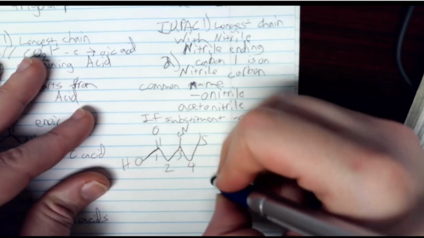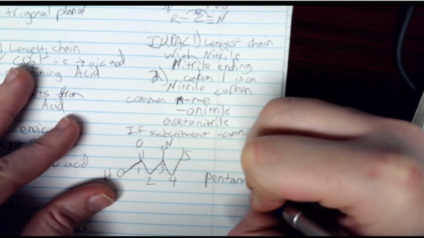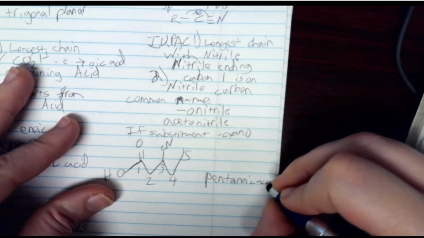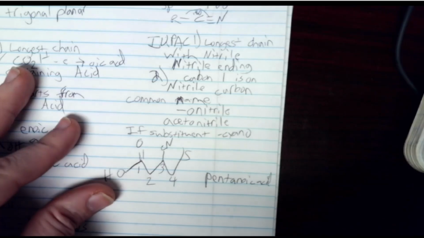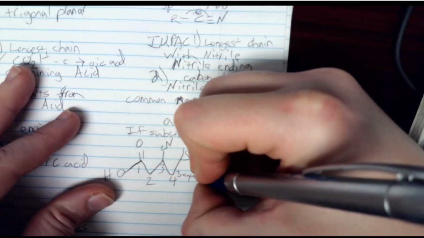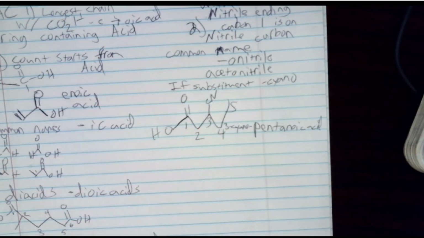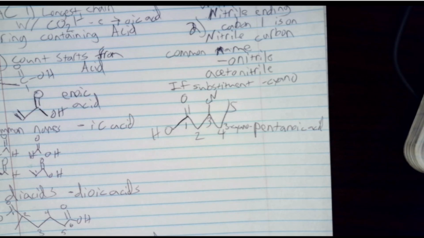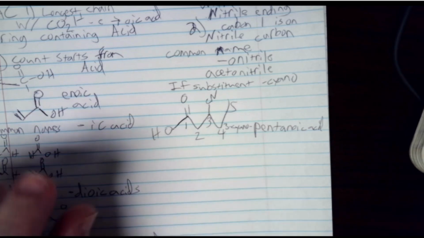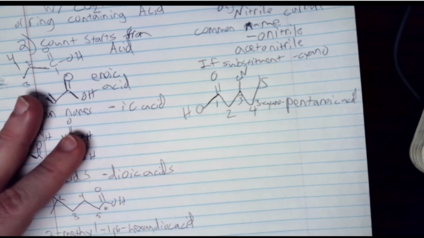This is pentanoic acid, but with the cyano, so it's 3-cyanopentanoic acid. We give the acid the preference over the nitrile, but it becomes a cyano group rather than a nitrile.